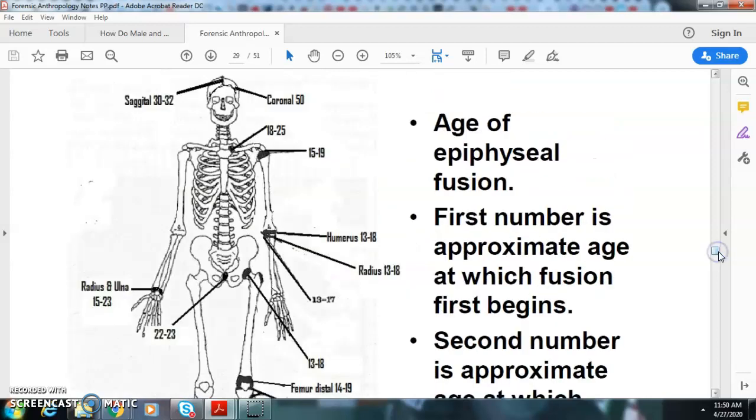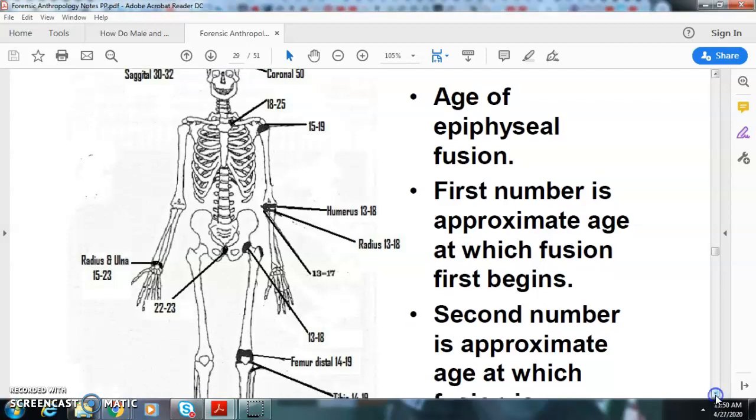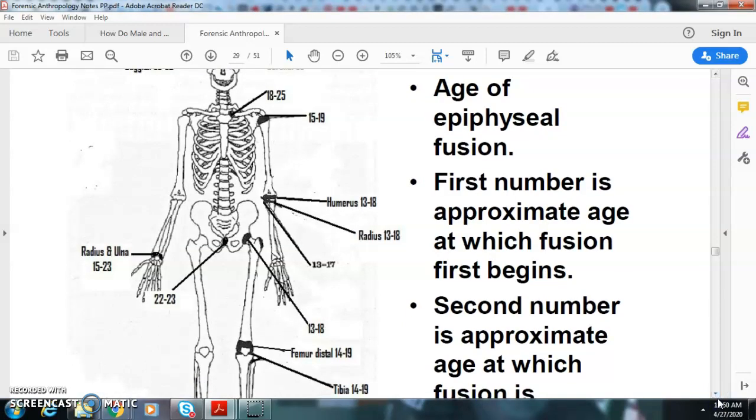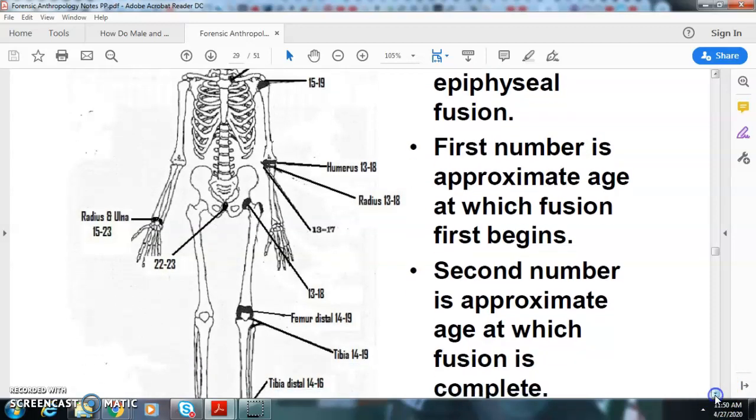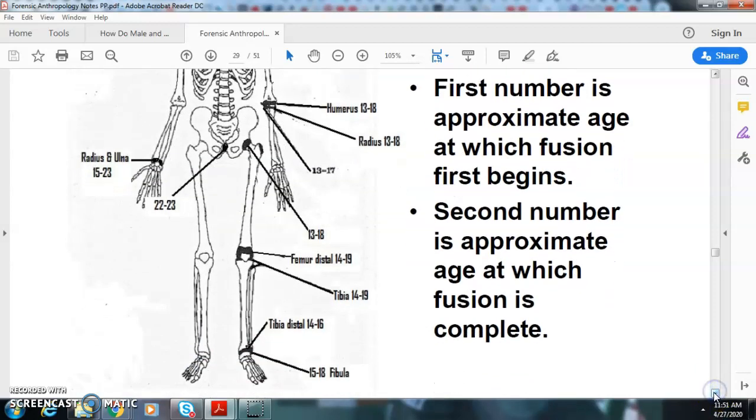So you see at the different points where you're going to have fusion occurring, basically where the bones stop growing, and you've got ages next to it where you go, okay, between 18 and 25, this is going to stop. You're going to get that line there, right over there near the arm between 15 and 19. If you look at the femur or the tibia, between 14 and 19. So the first number is when it begins, and then when it basically fuses or stops.